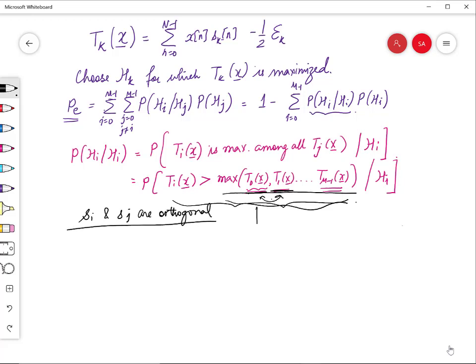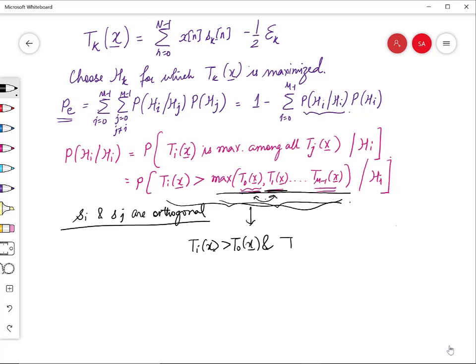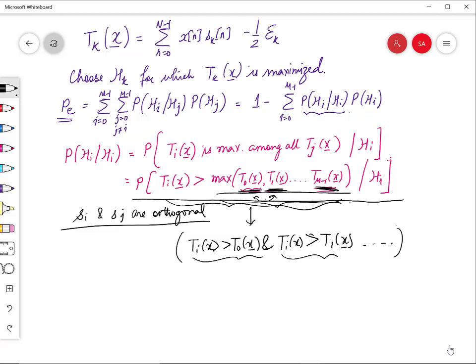We can separate it out in this form: Ti of x is greater than T0 of x, and Ti of x is greater than T1 of x, and so on. So when these are all independent, we can separate them out with an intersection, and then we can solve this probability. But in general, solving such kind of probability problems is very difficult.